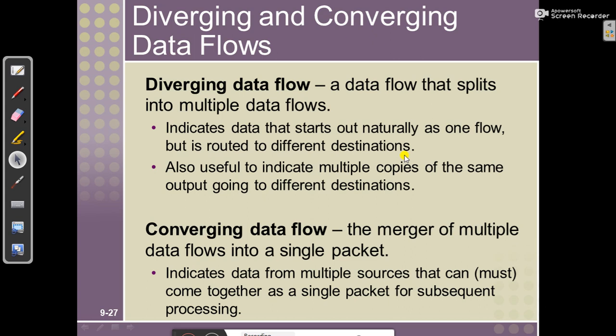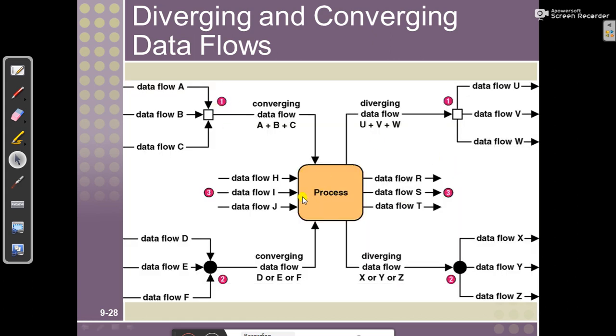And again, converging data flow is the merger of multiple data flows in a single packet. There might be cases where you are merging different data flows in a single packet. It indicates data flows from multiple sources coming together as a single packet for subsequent processing. So here you can see the example. This A, B, C is converging and inputting to this process, and here you can see U, V, W diverging, the data flow is diverged to different data flows, multiple copies.